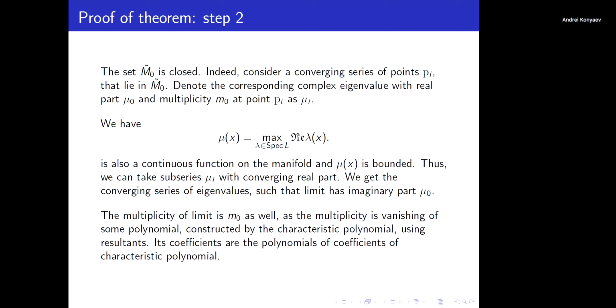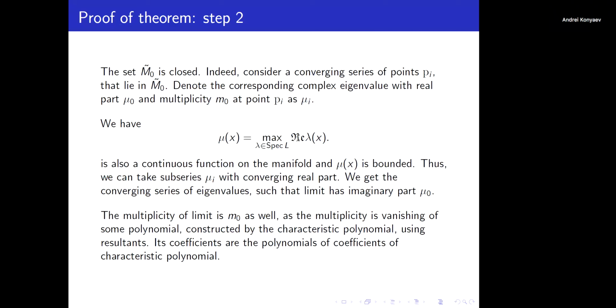So what you do is you take those polynomials, you do the calculation, and you get a polynomial with coefficients being polynomials of the coefficients of the original polynomial, which is exactly the characteristic polynomial of L. This polynomial is defined on the entire manifold, and it vanishes on all the points of our series.